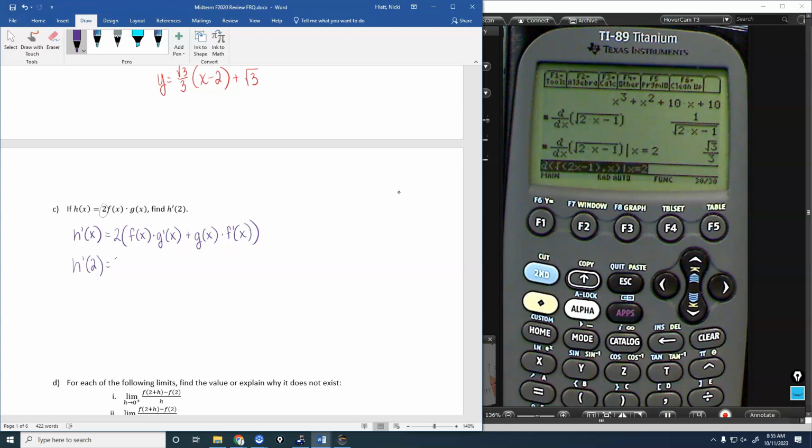If we're finding h prime of 2, that means you're plugging 2 into all this. So you're finding f of 2 times g prime of 2 plus g of 2 times f prime of 2. I need to see one of those two lines.